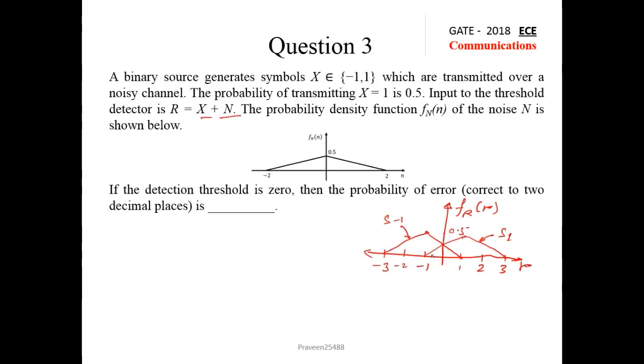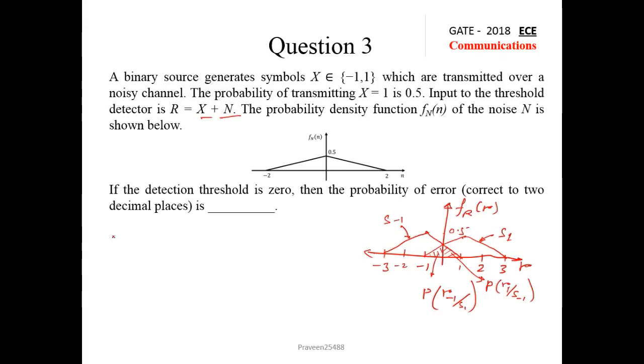Here we'll observe that this overlapped area will give us the probability of received symbol 1 when s1 is transmitted. And similarly this overlapped area will give us the probability of received symbol 1 when s-1 is transmitted.